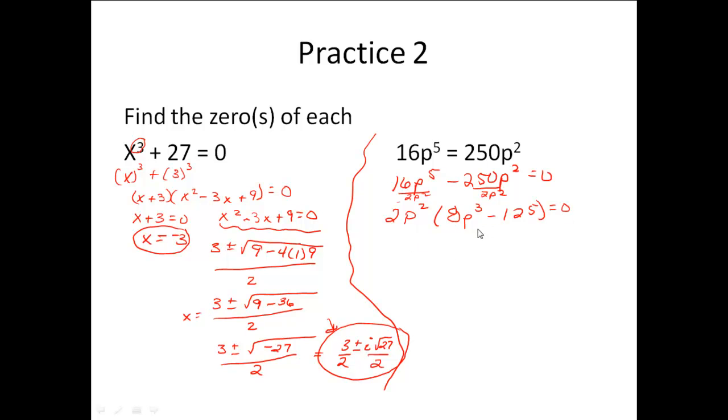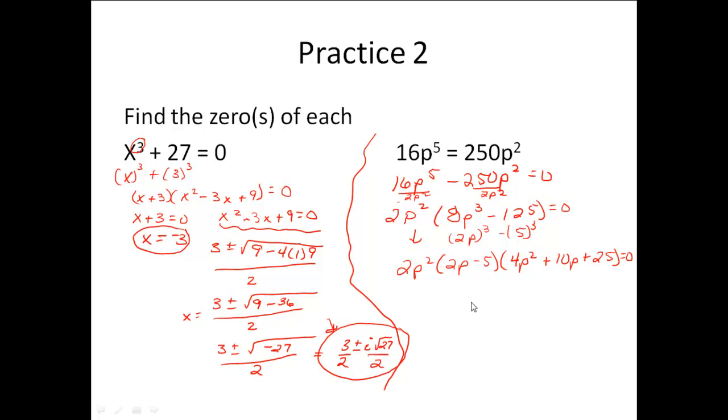Now I can factor this 8p cubed minus 125 using the difference of two cubes. That 2p squared in front just comes on down. And then I'm going to have 2p minus 5 times 2p squared, which is going to be a 4p squared, plus 2p times 5, which is going to be 10p, plus my b squared, which is going to be 25.